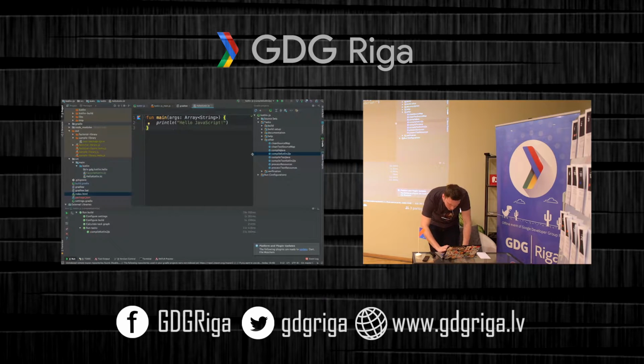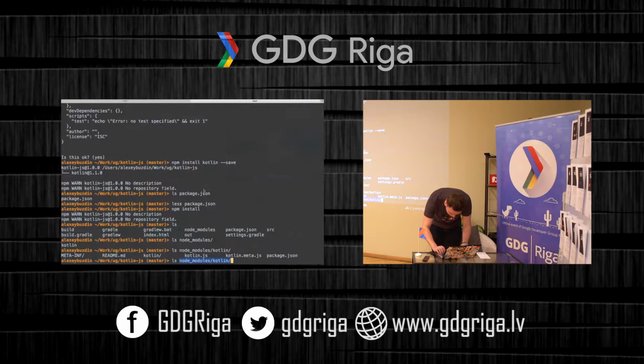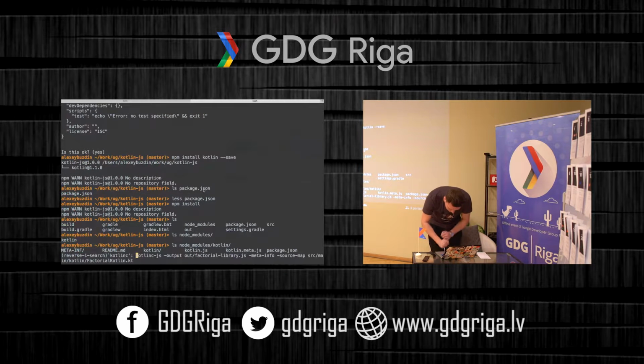So here is a Kotlin file with a print. Let's change something: Hello GDG. Then we'll go into the console and put the output here, GDG library, meta-inf.